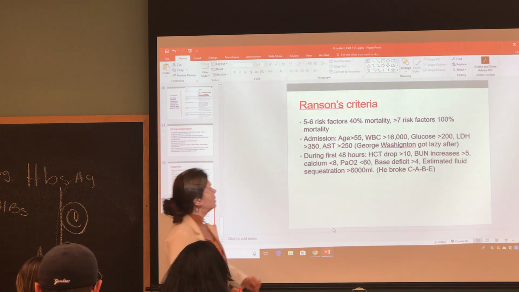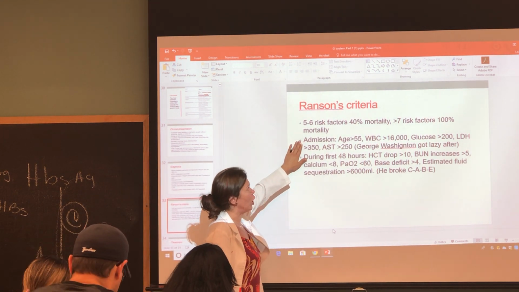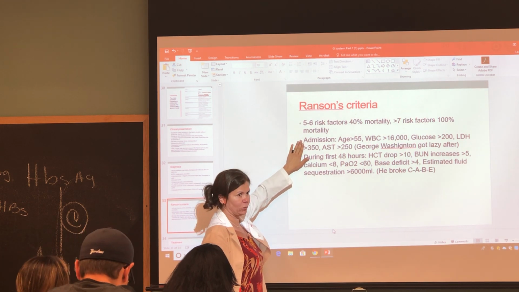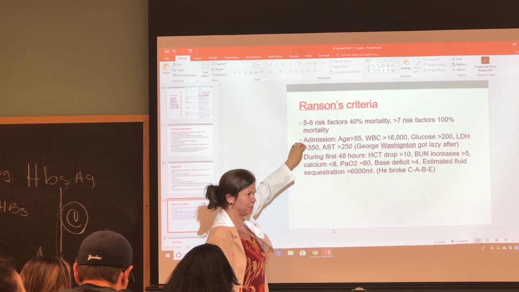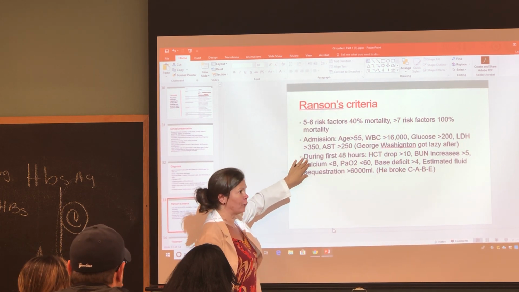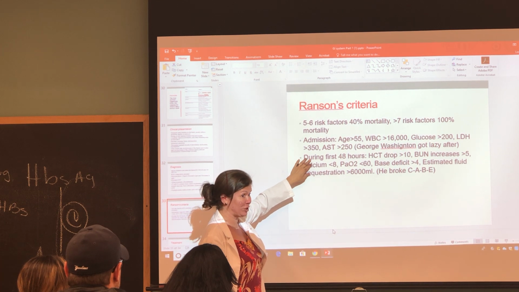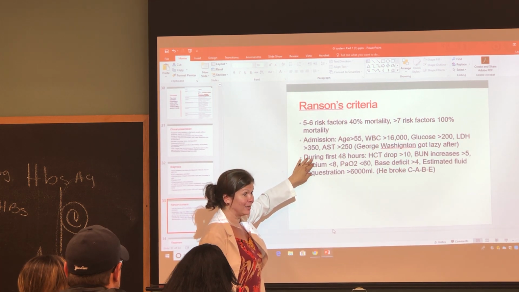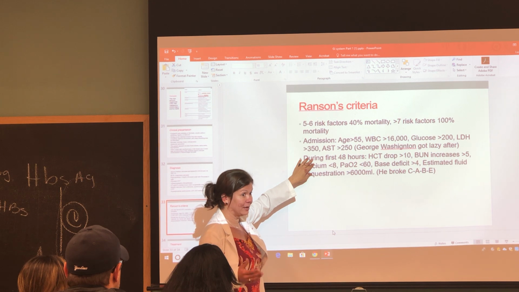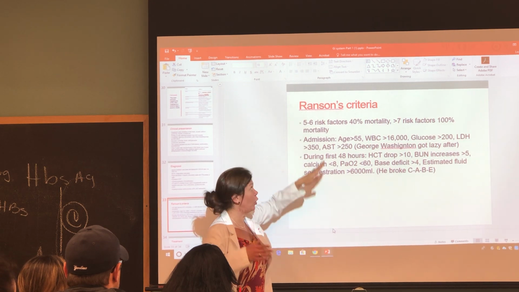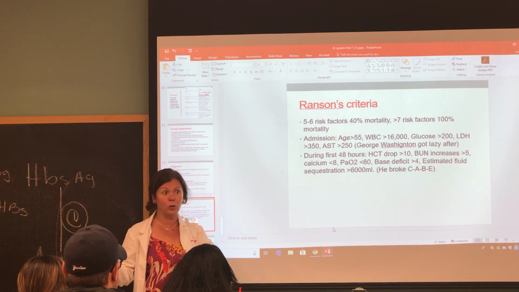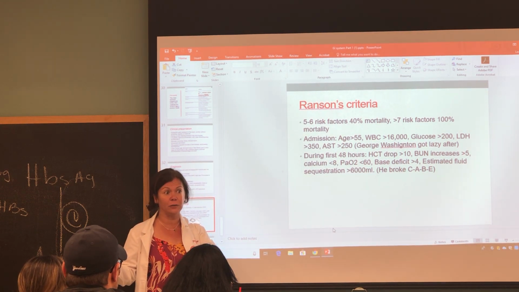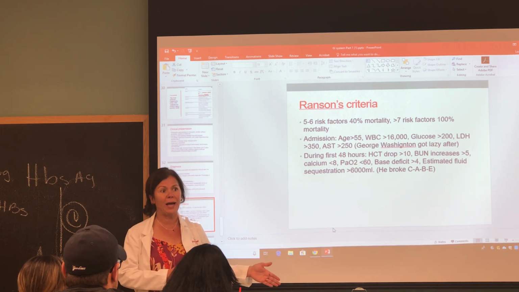We look at the patient on admission, at certain values upon admission, and then after 48 hours we reevaluate the patient. Based on that, we say, okay, the patient has critical values on admission, so the patient is going to the ICU. 48 hours later, we reevaluate based on those values, and we decide to keep the patient in the ICU or to transfer the patient to the floor, or backwards.